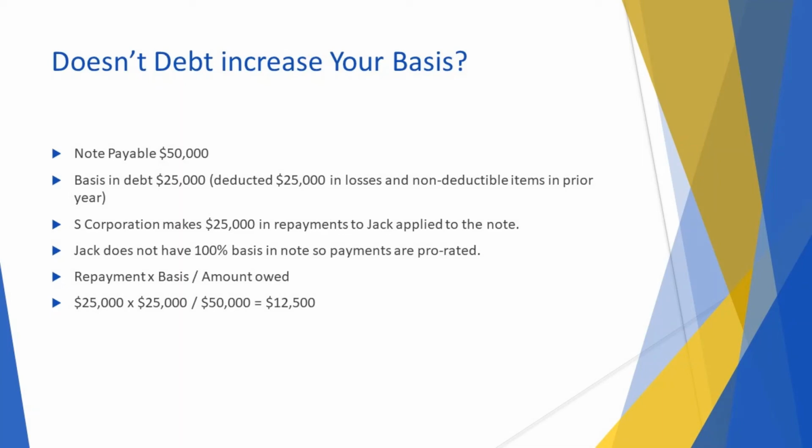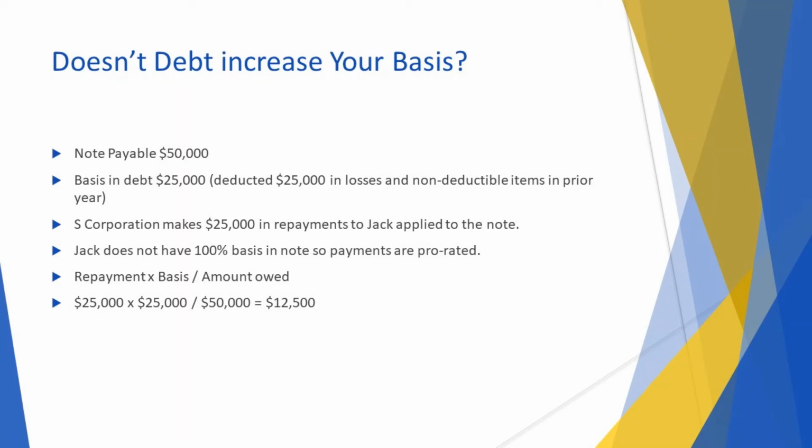An example: Jack has a $50,000 note payable with a basis of $25,000 because he deducted losses against it in a prior year. Then the S corporation repays $25,000 in principal. Jack will have a capital gain of $12,500 on the repayment.